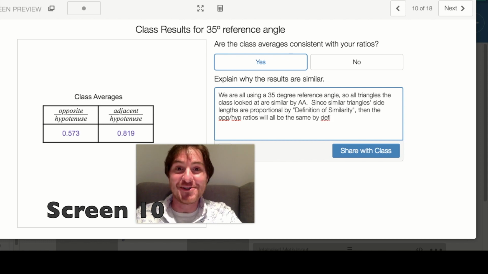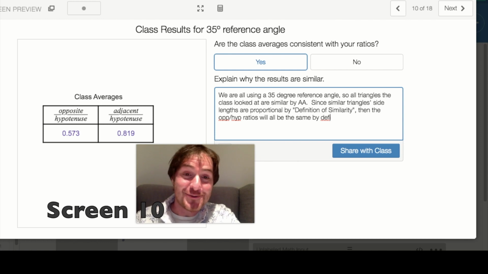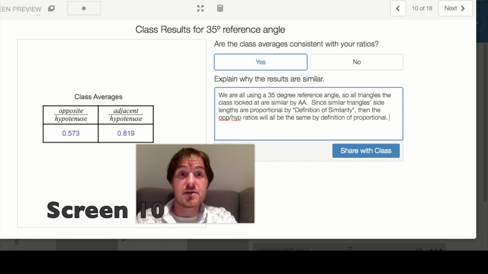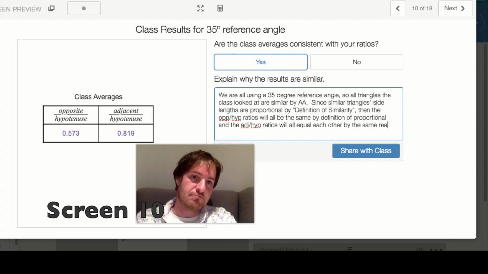Because the proportions are equal ratios, by definition of proportional. I like that better. Okay, then the adjacent over hypotenuse ratios will all equal each other by the same reason.